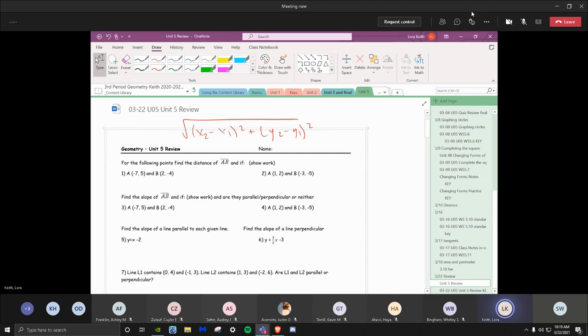I'm just going to call A x1, y1, and I'm going to call B x2, y2. So we get 2 minus a negative 7, so it's like 2 plus 7, plus negative 4 minus 5. And we get 9 root 2.